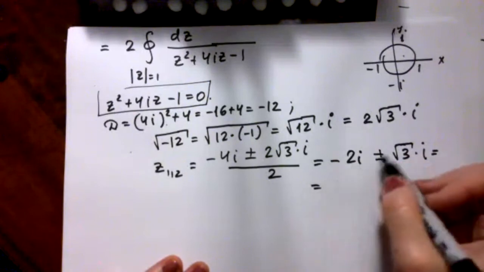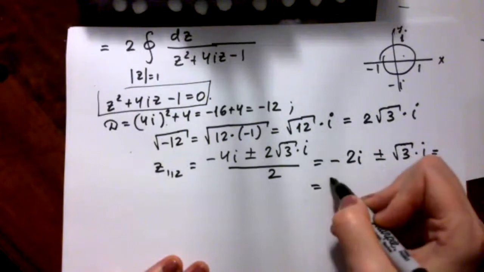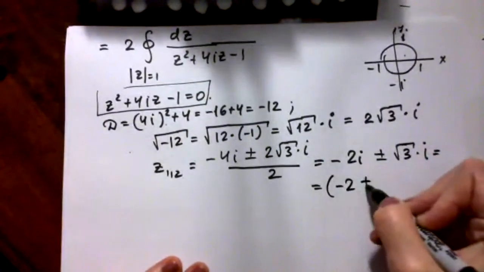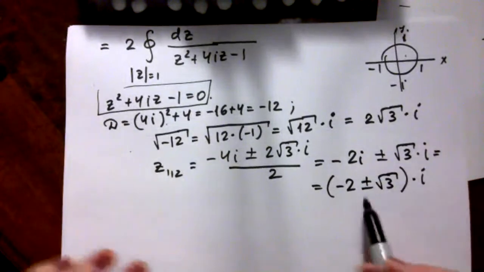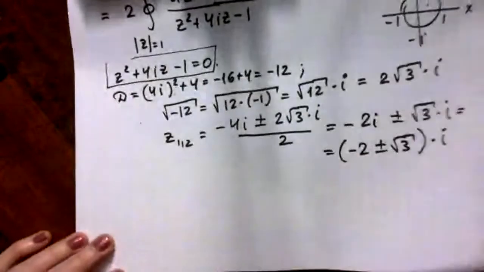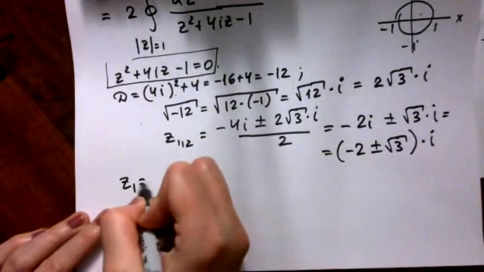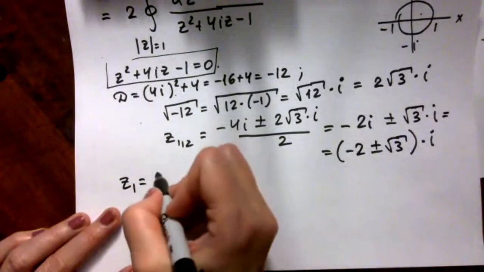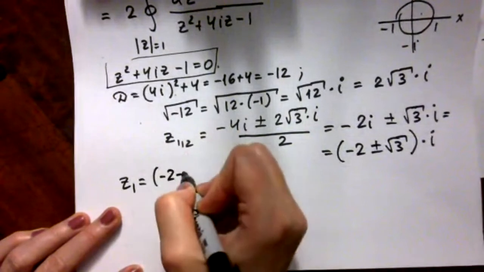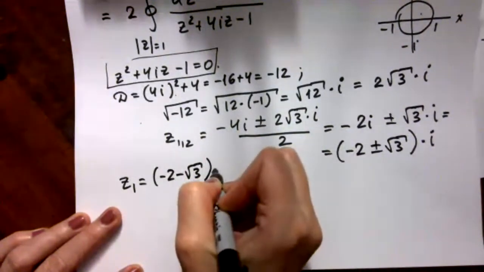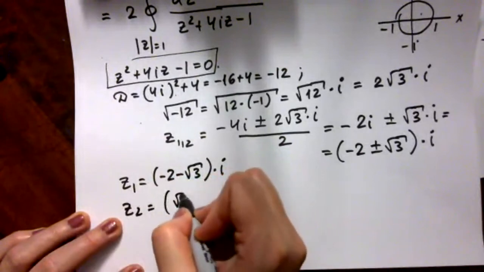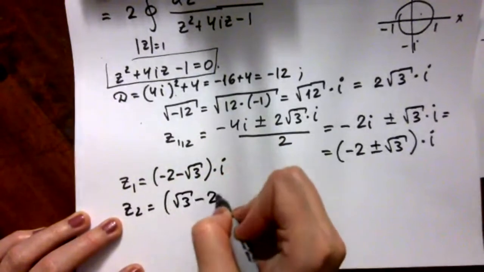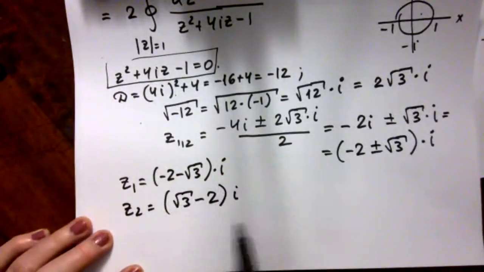And we can even pull out i from this expression, so we'll have minus 2 plus minus square root of 3, times i. Actually, we got purely imaginary numbers. Let's write down our singularity points separately. The first one will be minus 2 minus square root of 3 times i. And the second one, maybe it's more convenient to write it in this way, square root of 3 minus 2. Looks a little bit more beautiful.